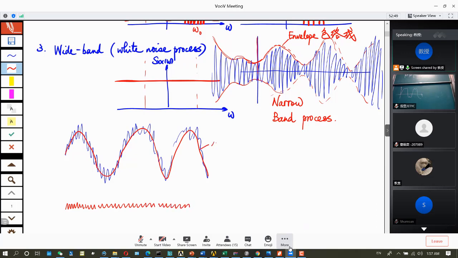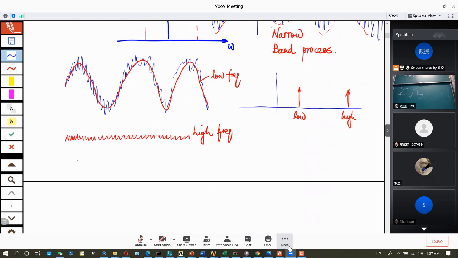Okay, so this is low frequency, and this is high frequency. And so this is not a wideband process. Basically, it has 2 frequency components, a low frequency component and a high frequency component. Okay, so now how does a wideband process look like?